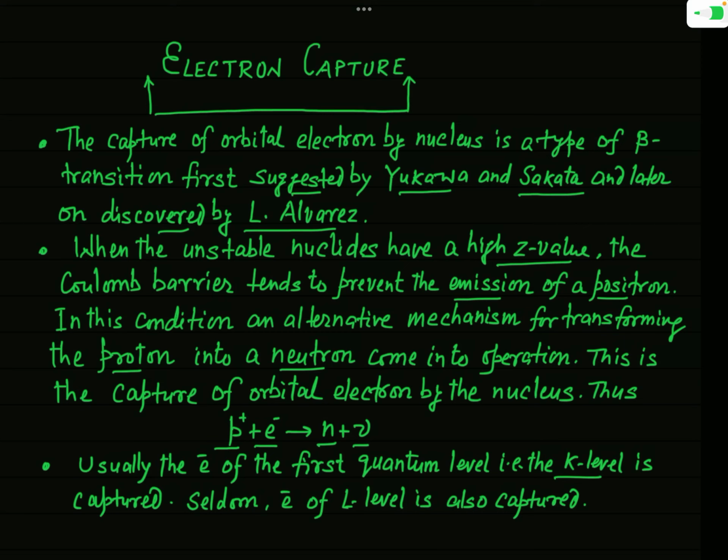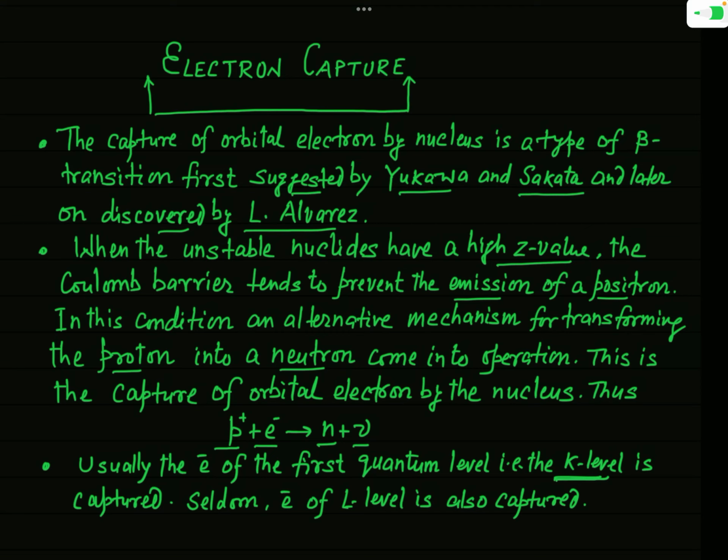So normally, the electron present in the K level, or the first quantum level, gets captured by the nucleus. But often it is seen that an electron present in the L level is also captured, but that happens occasionally, not regularly. The common phenomenon is the capture of the electron present in the K shell by the nucleus.